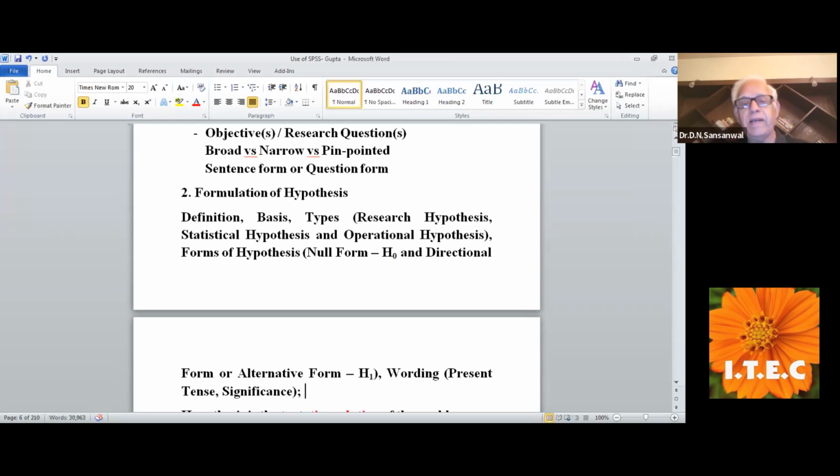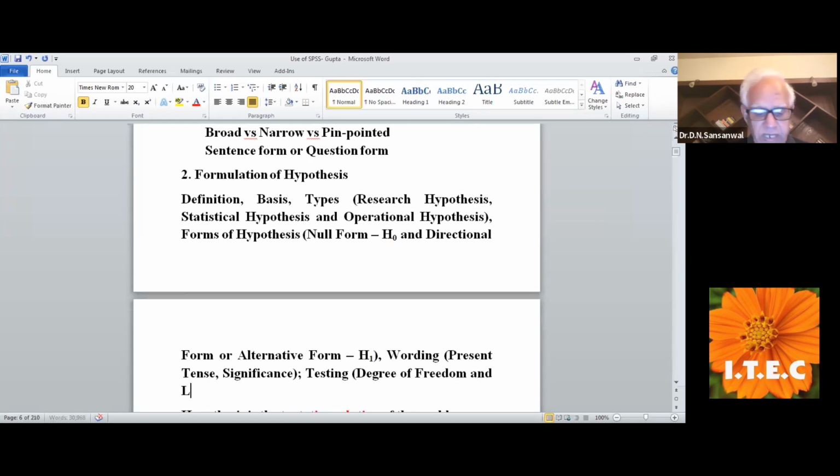Then you will be testing the hypothesis. And when you want to test the hypothesis, you must know two things: degree of freedom and level of significance.